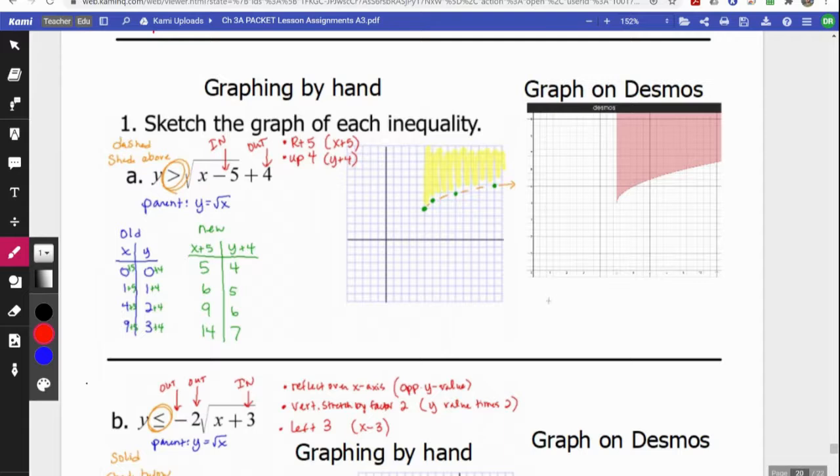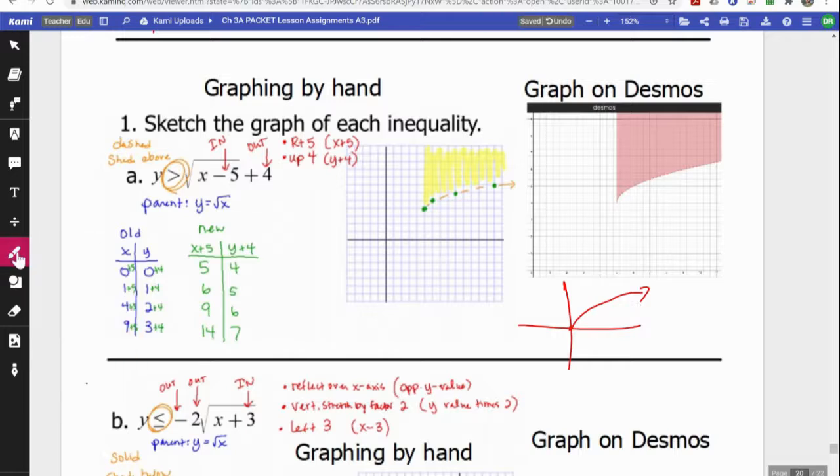I personally would just say, oh, this is the parent function, it starts right there, bam, goes up that way. The new graph, it's an inequality, it's greater than, so I'm shading above, and it's a dotted line, but where do I put it? All I do is move the vertex right 5, up 4. That's what the translation is. So right 5, up 4.